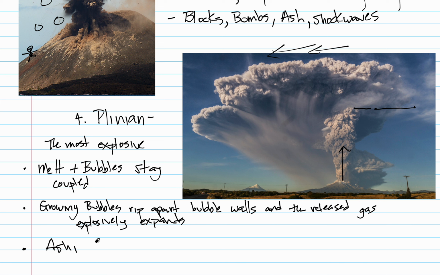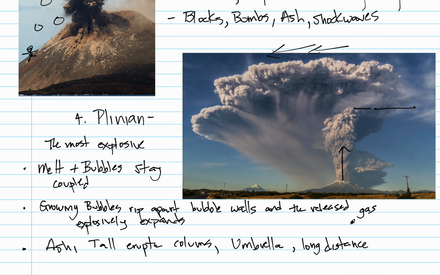And we see that ash in tall eruption columns. And we have this thing at the top of that, which is called the umbrella region, which is ash being blown by the wind. They can move very long distance, which makes them more of a threat for a variety of different reasons.